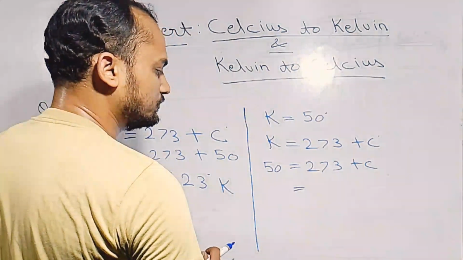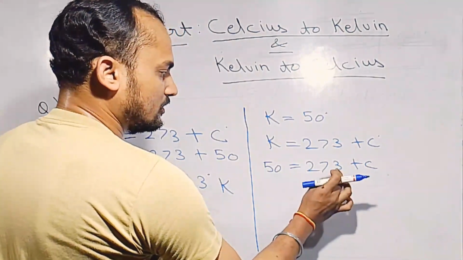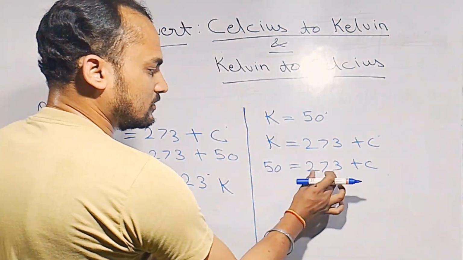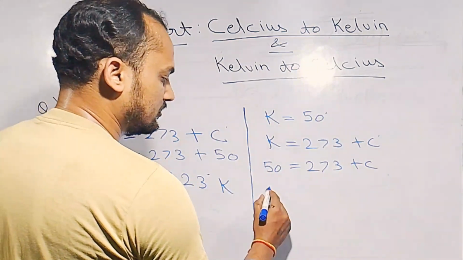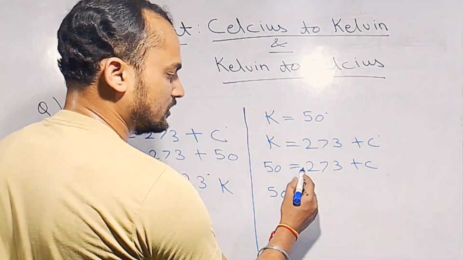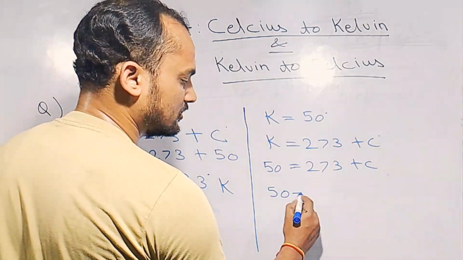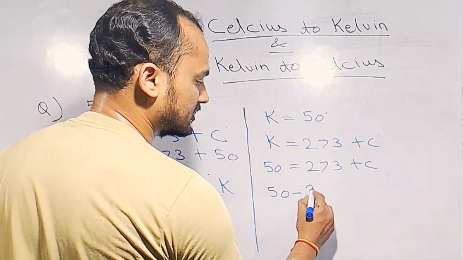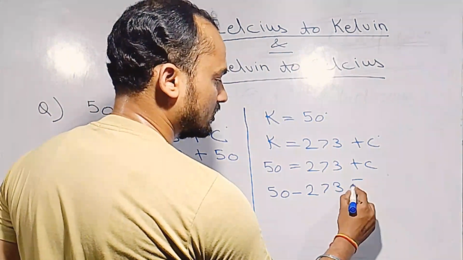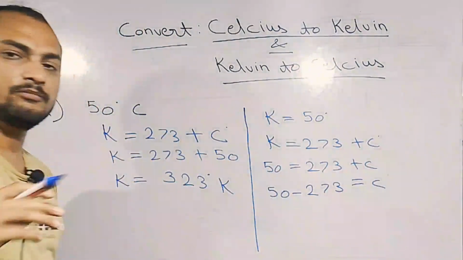Now we will transpose 273 to the left side. Here the sign is plus, so on this side it will become minus, is equal to C, here Celsius.